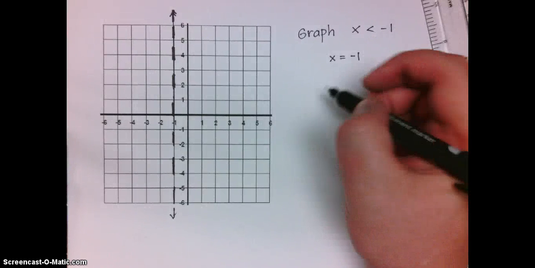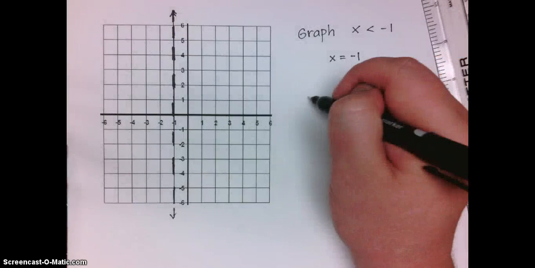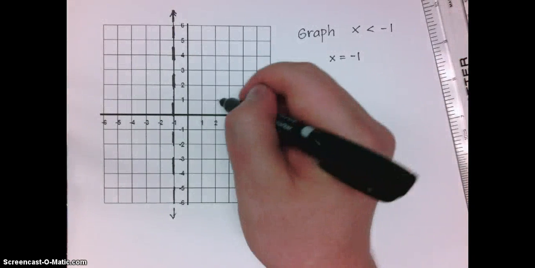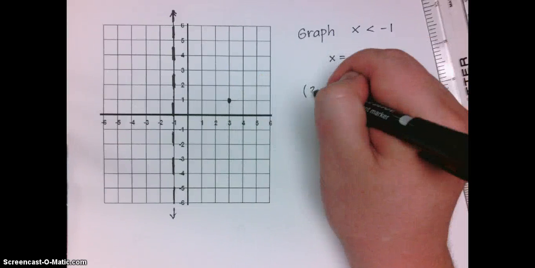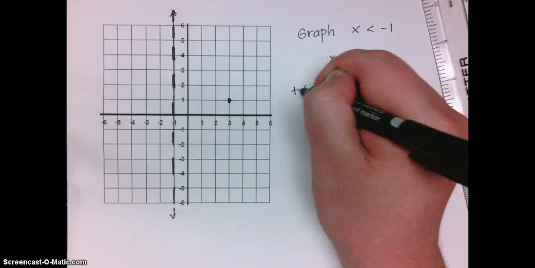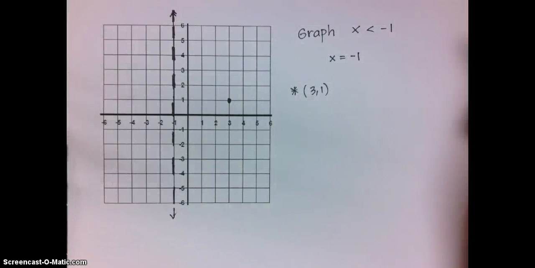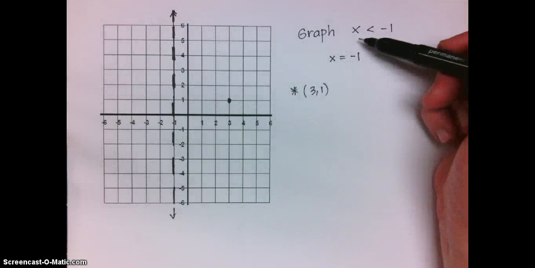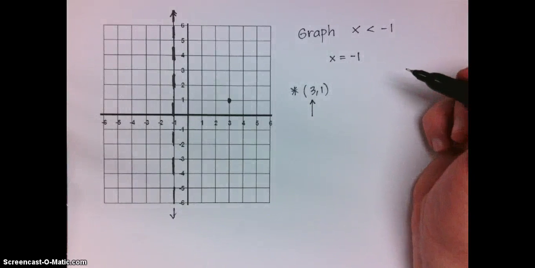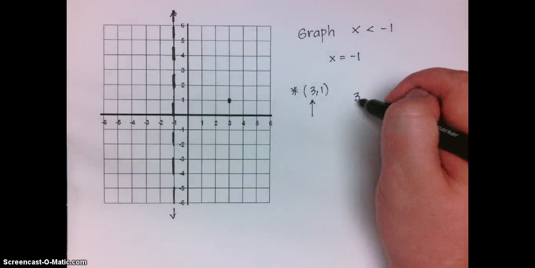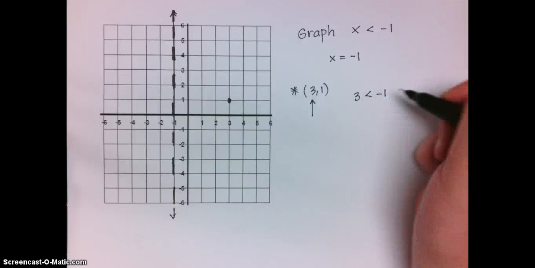So think about that. You're still going to pick a test point, so why don't we pick this point right here, 3, 1. This is going to be my test point. Now again, looking up here, I only have one variable. It's the x variable. So I'm only going to plug in the x coordinate. Is 3 less than -1?